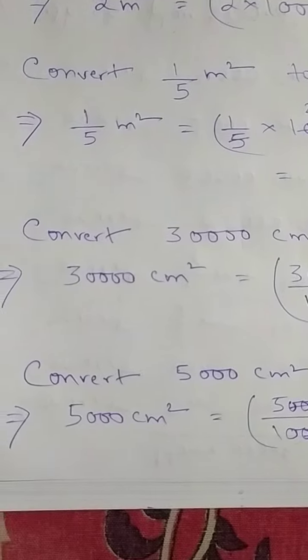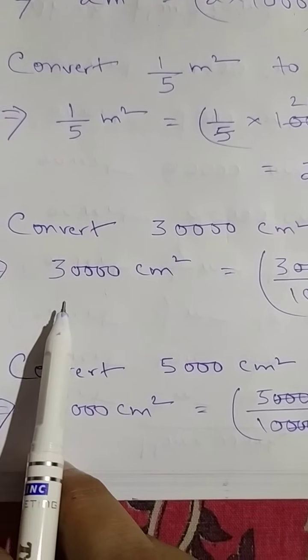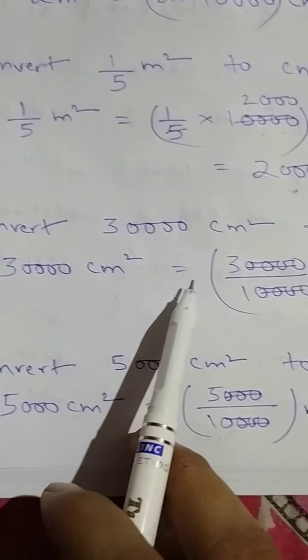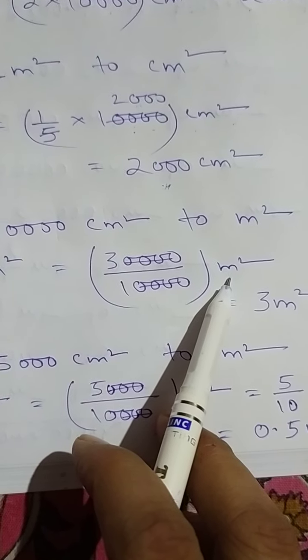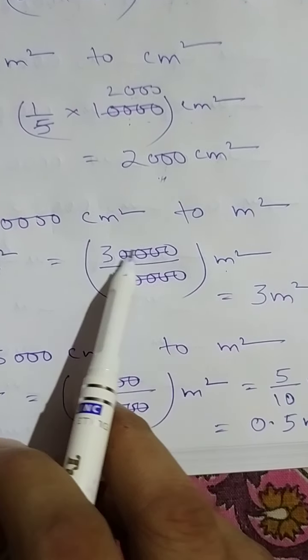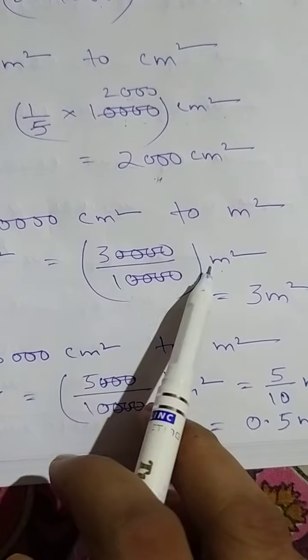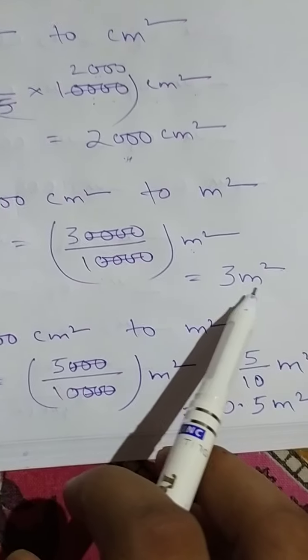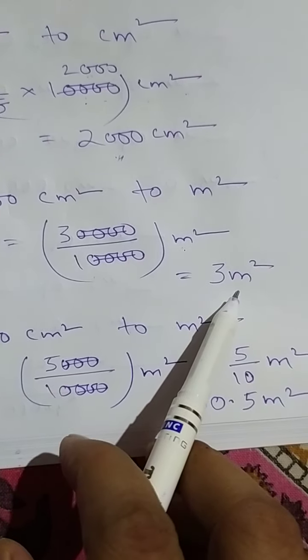So again, write down the same thing. 30,000 centimeters square equals 30,000 by 10,000. Once you divide by 10,000, you have to write down the unit meters square. So 30,000 by 10,000 meters square. The zeros get cancelled and your answer is 3 meters square. Okay.